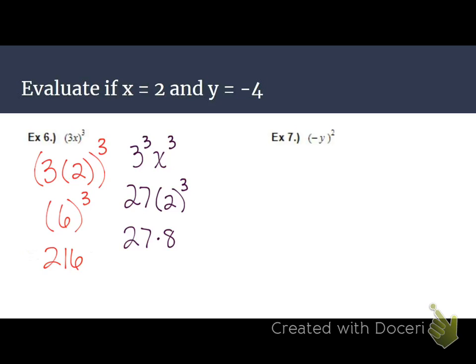Okay, and 27 times 8 would also be 216. It does not matter to me which way you do it, as long as you show me your work. So one way we plugged in right away. The other way we simplified our exponent first. Doesn't make a difference. You should get the same answer either way you do it. Questions about either method?